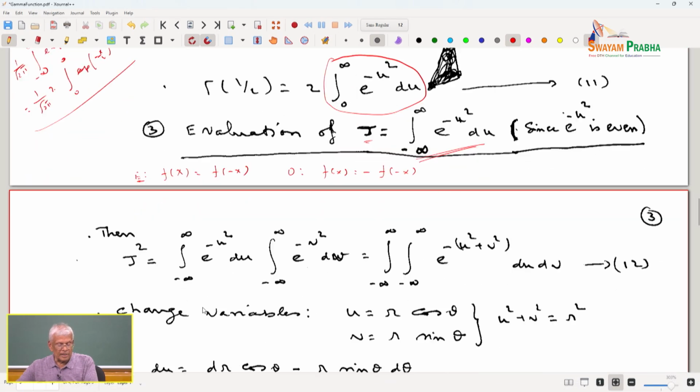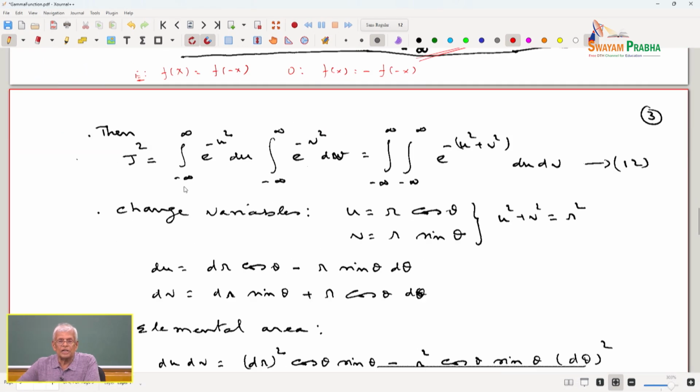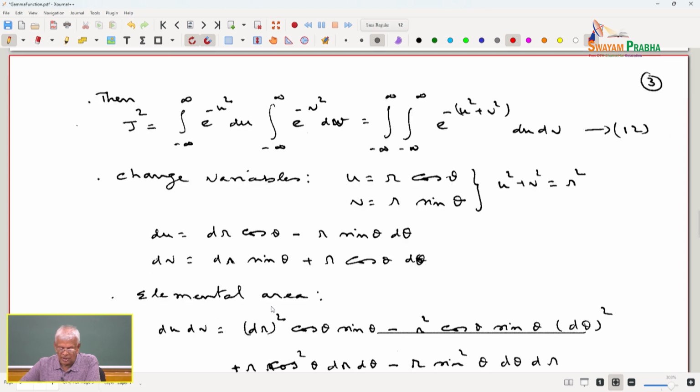We have already talked about computing the Gaussian integral in the module exclusively on Gaussian distribution. So, to compute j, I consider j square as the product of two integrals, one in u, one in v. That's equal to the integral from minus infinity to infinity, minus infinity to infinity of e to the power of minus u square plus v square du dv. I change the variables u, v to r and theta. I am going from rectangular to circular coordinates. So, u is r cosine theta, v is r sine theta.